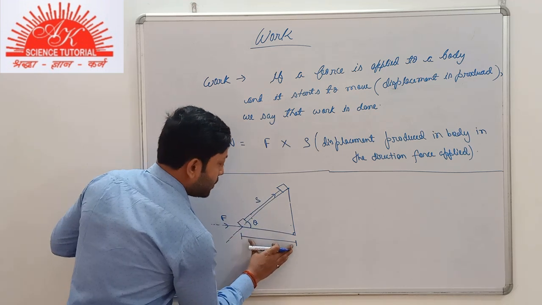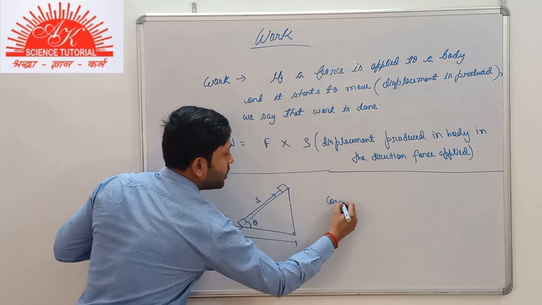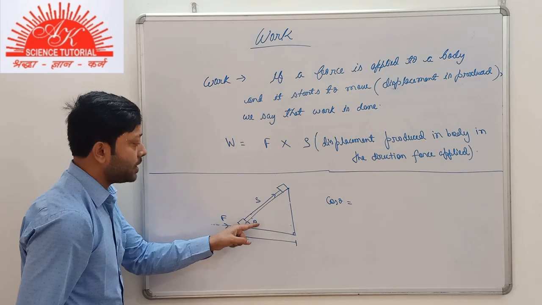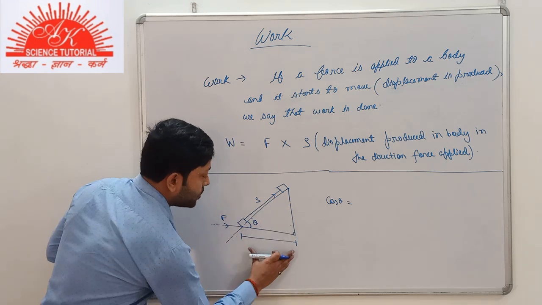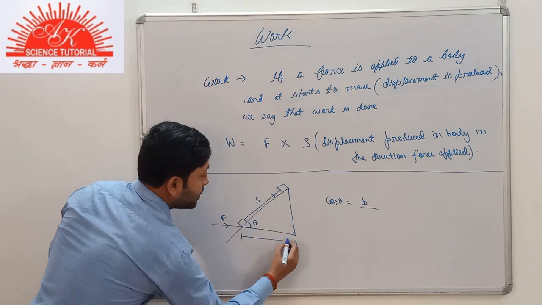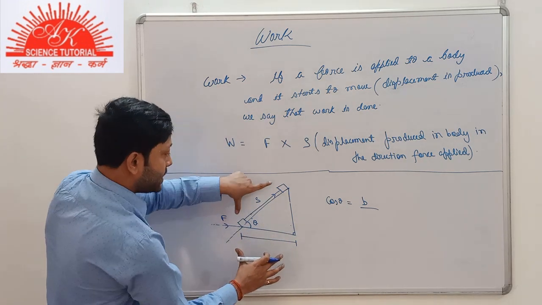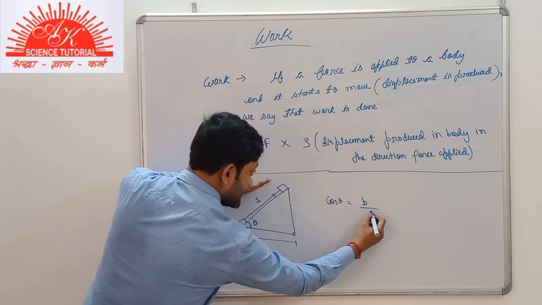Then what will be this part? You know about the relation of cos theta. Cos theta is equal to b by h. Suppose that we don't know this b. It is b by h, that is the hypotenuse, and we know the value of hypotenuse, that is s.